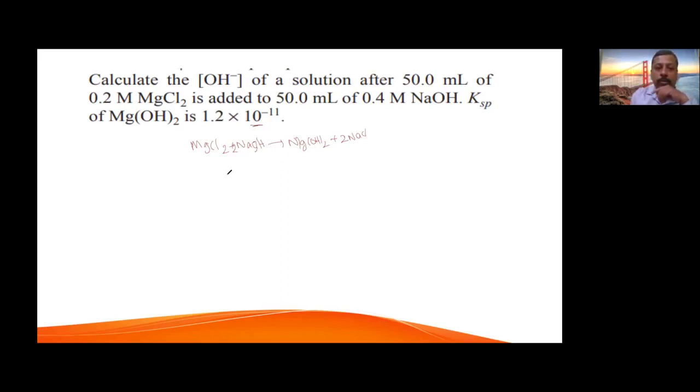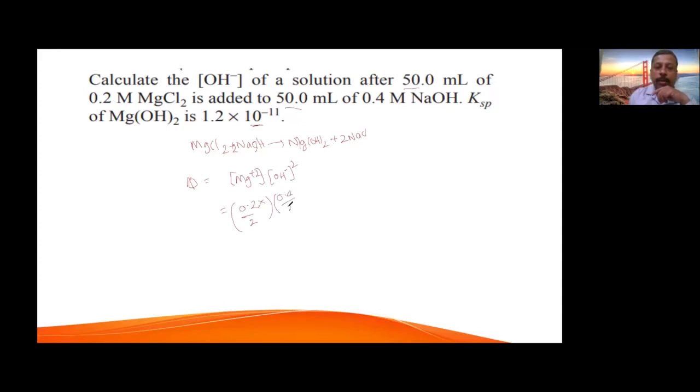So let us take concentration of magnesium 2 plus into concentration of OH minus whole square. We should calculate Q first. Magnesium concentration will be 0.2 by 2. And OH minus concentration will be 0.4 divided by 2, since equal volumes are given.